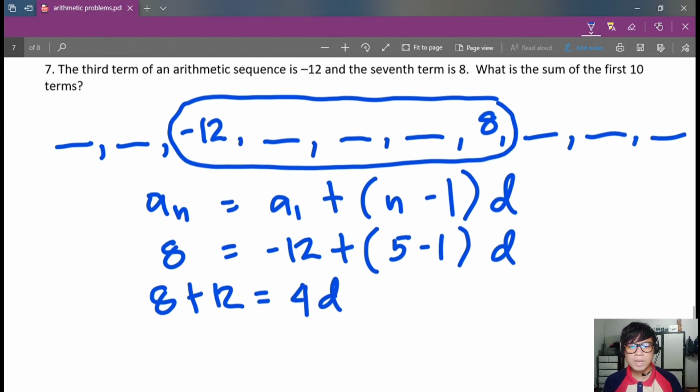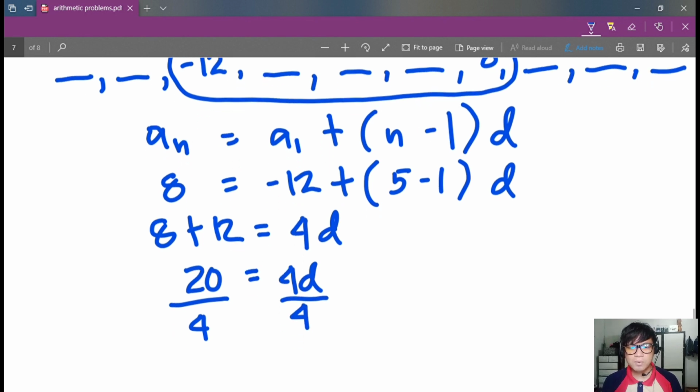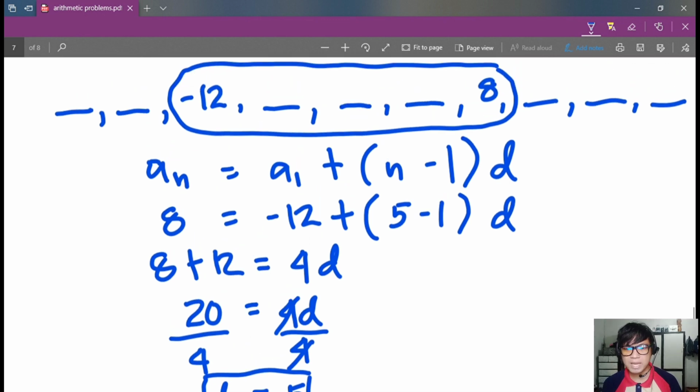So 8 plus 12 is 20, is equal to 4d. So divide both sides by 4. So the common difference is 5. So we have now the common difference, which is 5. So ang gagawin natin, i-add na lang natin yung 5 sa each term dito.